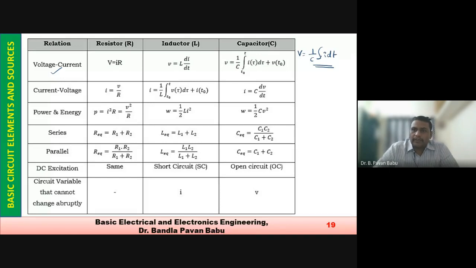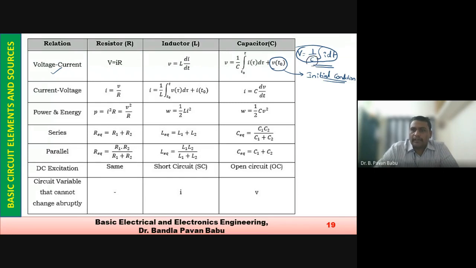Here we can neglect this term, because this is actually the initial condition. So the voltage applied across a capacitor equal to 1 by C integral I dt. You can write this equation here.